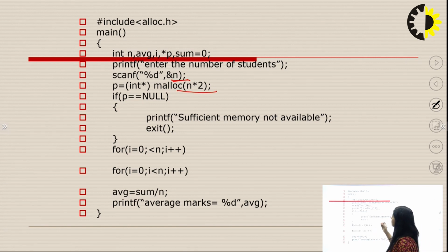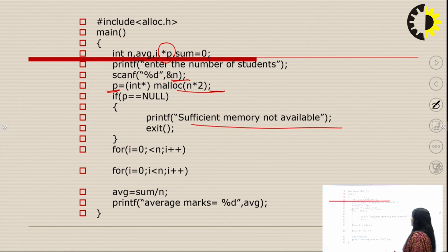Why is it so? Because we have taken an integer and we assume an integer takes 2 bytes. P is a pointer variable. If the value of this pointer variable p is equal to null after executing this statement, simply display a message, sufficient memory not available, and exit, right?